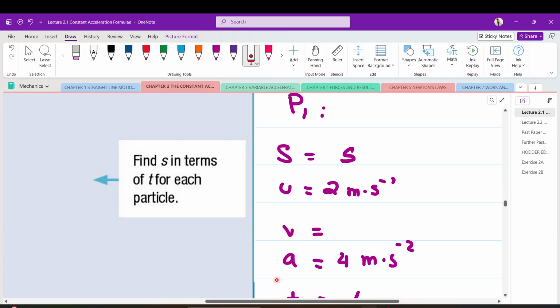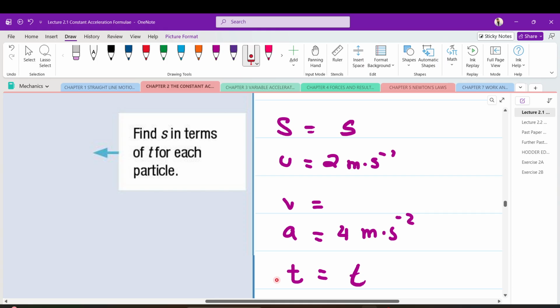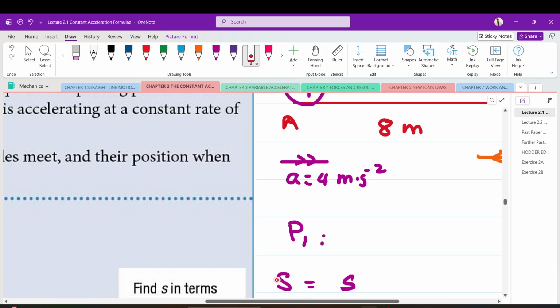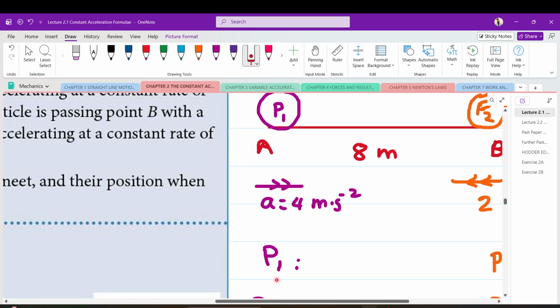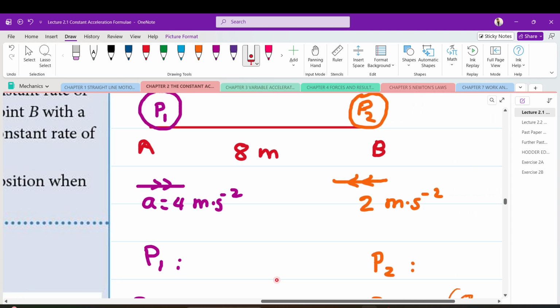And acceleration is 4 meters per second squared, and t is just t. Also, we have assigned a positive sign to particle P1 because it is moving towards the right, whereas for P2, because it is moving in the opposite direction, we also have to consider the sign, right?